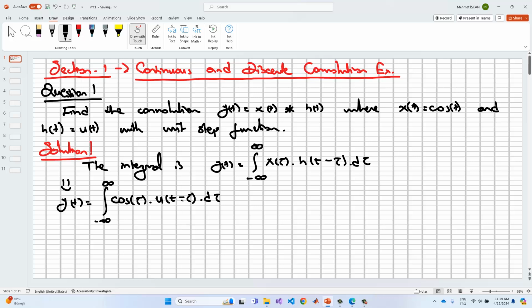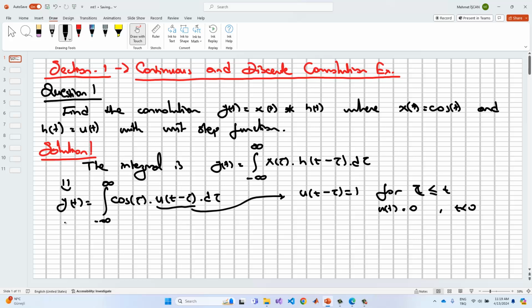This is equal to 1 for tau smaller than or equal to t, and we know that u(t) is 0 for t smaller than 0.